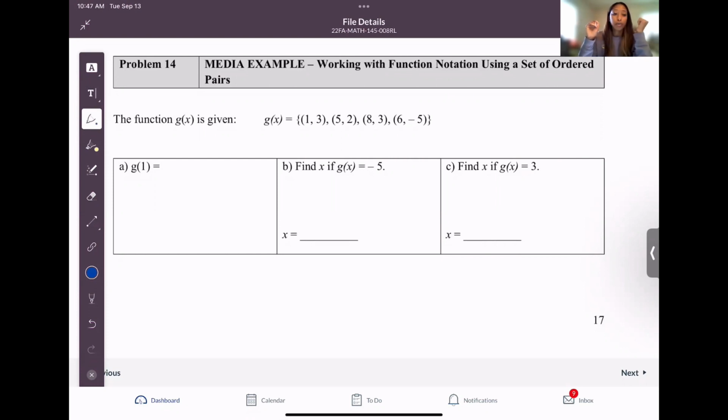So for number 1, g of 1, we want to go to the ordered pair that has an input of 1 and find the corresponding output. We see that (1, 3) is a point, so that tells us that g of 1 equals 3.